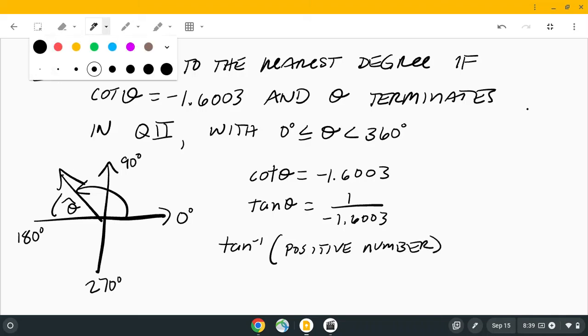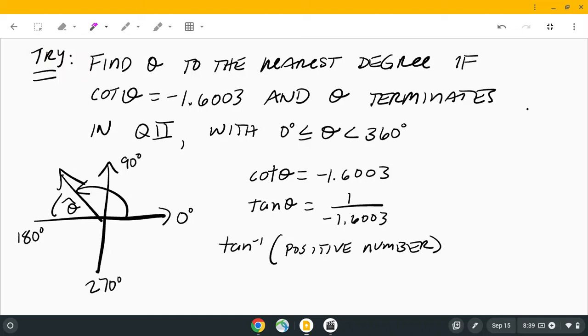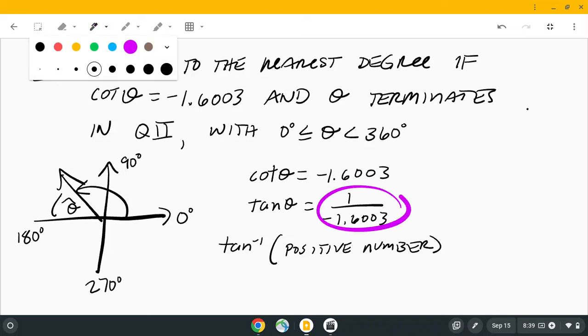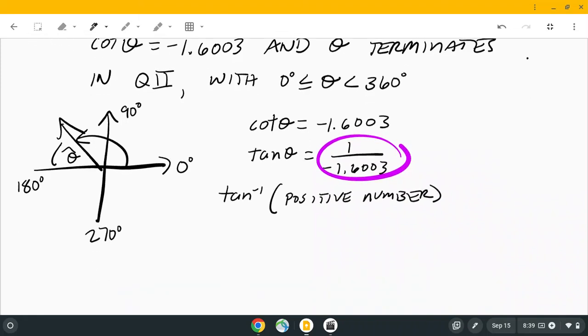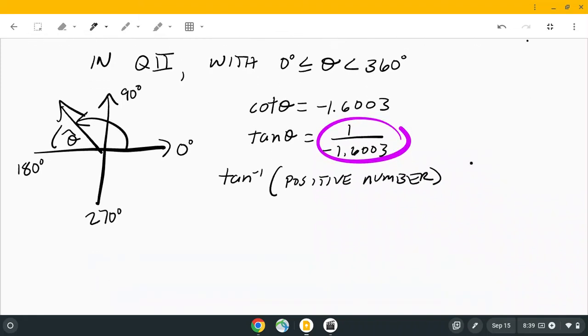So when we enter this number, we are going to enter positive. So, tangent inverse of 1 over 1.6003.